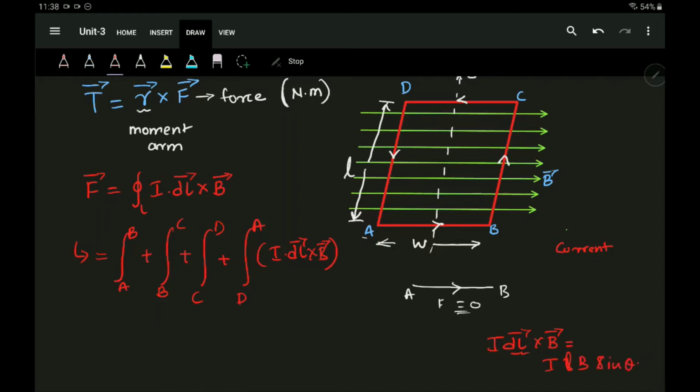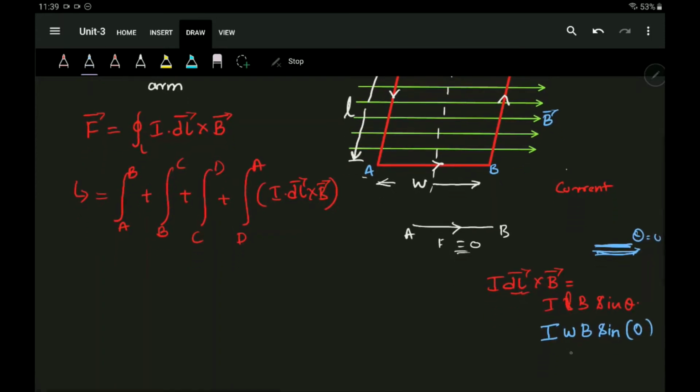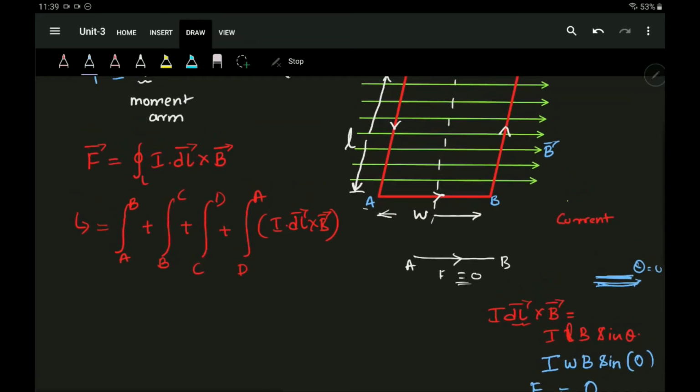For the path between A to B, the length is W, and sine theta involves the angle between my field and the path I am taking. Here both are parallel, hence the angle is 0, so sine of 0 is 0. Hence the force experienced by this path is 0.